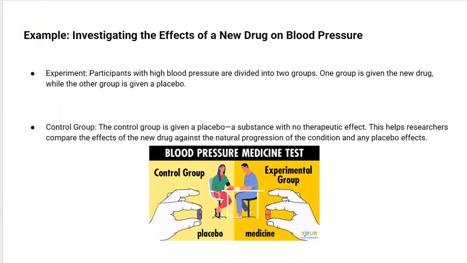In our experiment, we are going to have two groups of individuals or participants who are experiencing high blood pressure, and we are going to divide them into two groups. We are going to give one group the new drug. That would be our experimental group. It is obvious, right? And what about our control group?